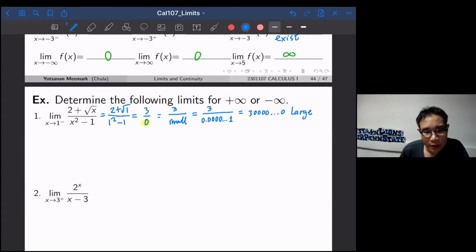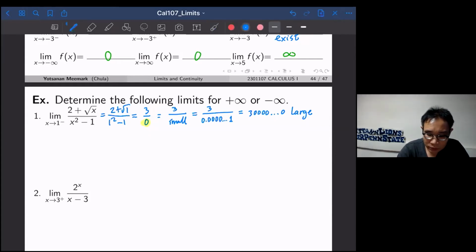So the thing that tells us the limit equals positive or negative infinity is that you have 0 on the bottom and non-zero on top. If you have the numerator non-zero and the denominator equal to 0, that is a good candidate for the limit equal to infinity or negative infinity.